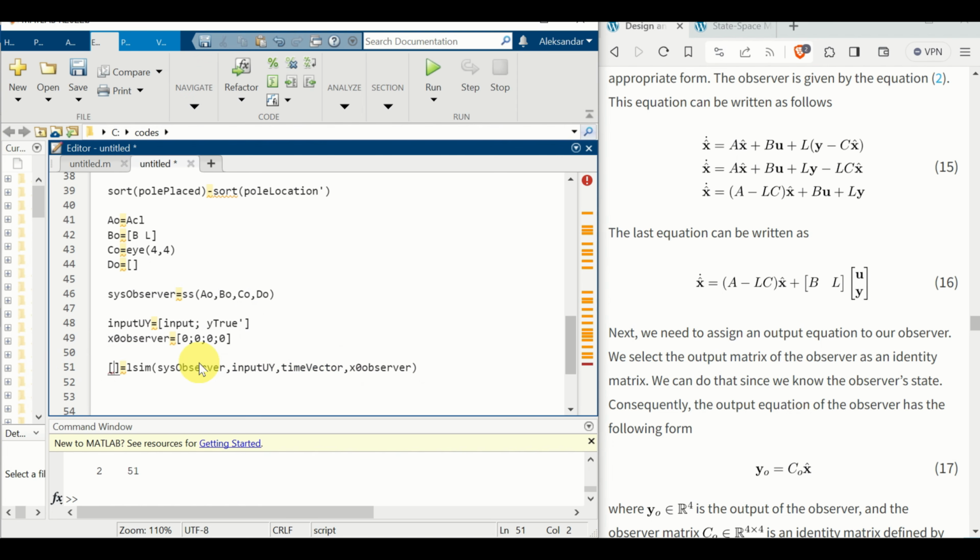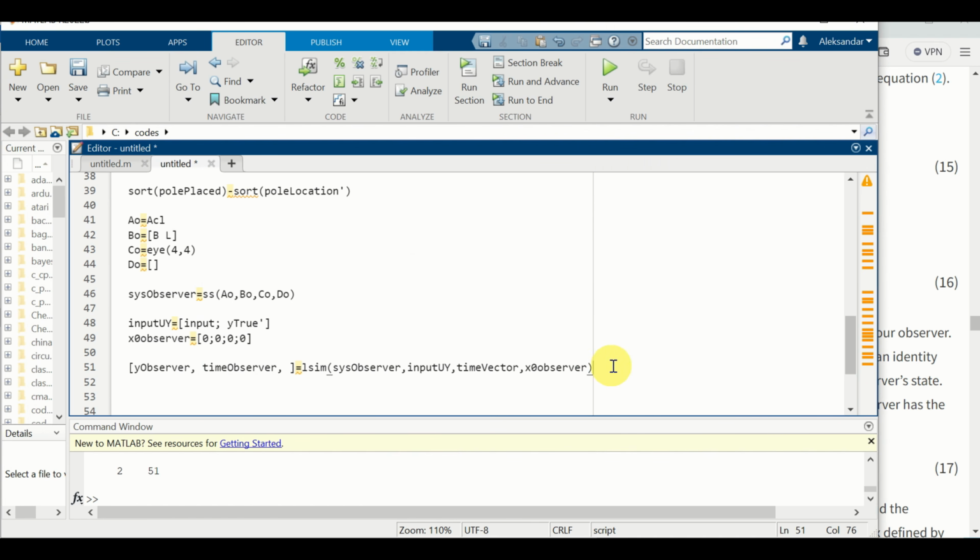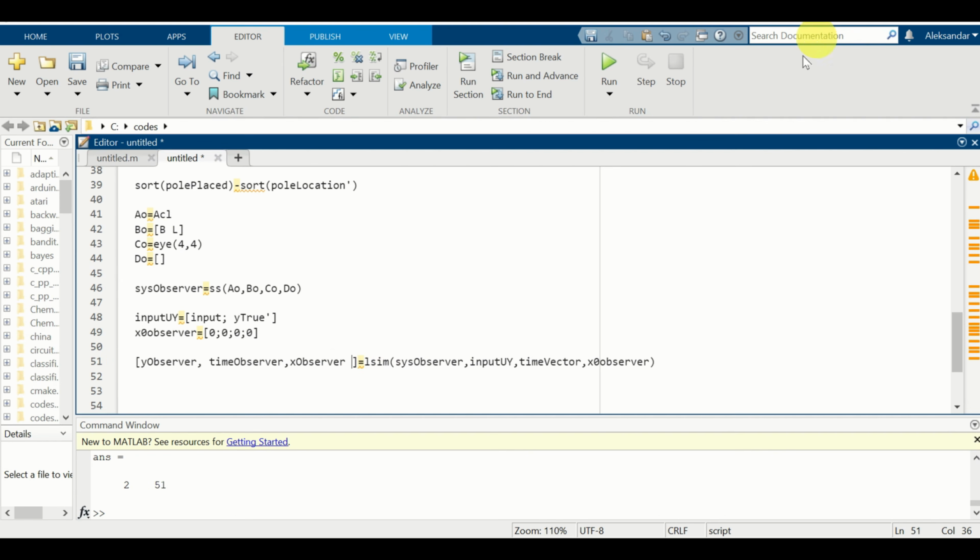LSIM will return the following time sequences. Output of the observer, time observer, that is the time used for simulation. Let me expand this. And the third output will be the time sequence of the observer. Perfect. Let us now simulate the observer and let's see the results.